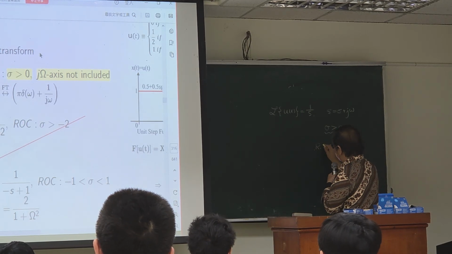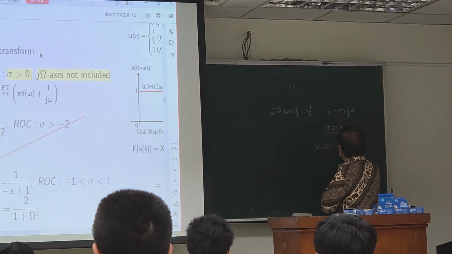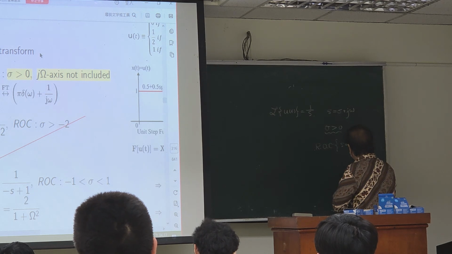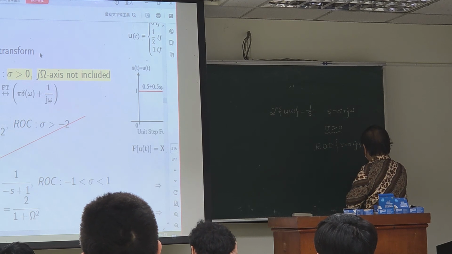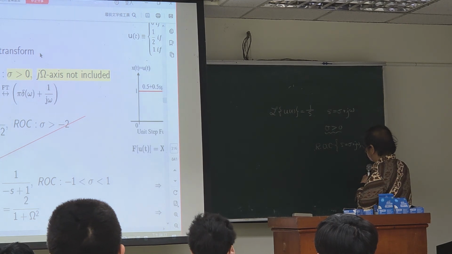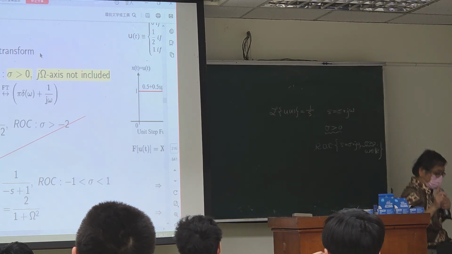So the region of convergence, ROC, is s equals sigma plus j omega, but the sigma is positive. Omega can be whatever number. So it does not contain the j omega axis. So that's a catch.